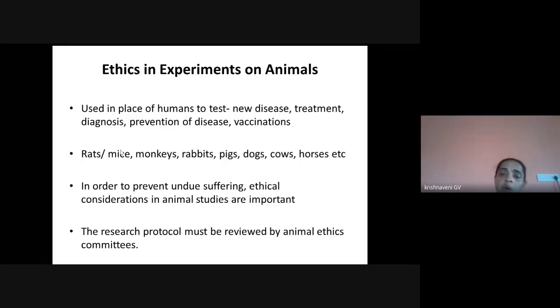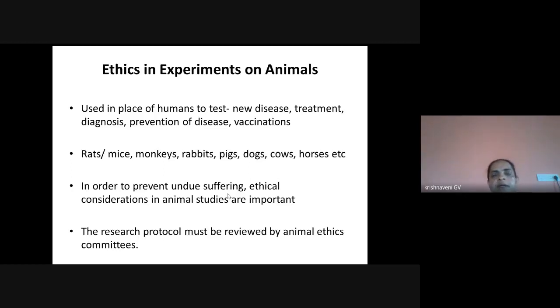But though we can't avoid using animals in the first stage of certain research, what we can do is avoid cruelty to animals, avoid situations where the animals have to suffer a lot of pain. So the ethics in animal experimentation particularly deals with avoiding animal cruelty and preventing undue suffering among animals.